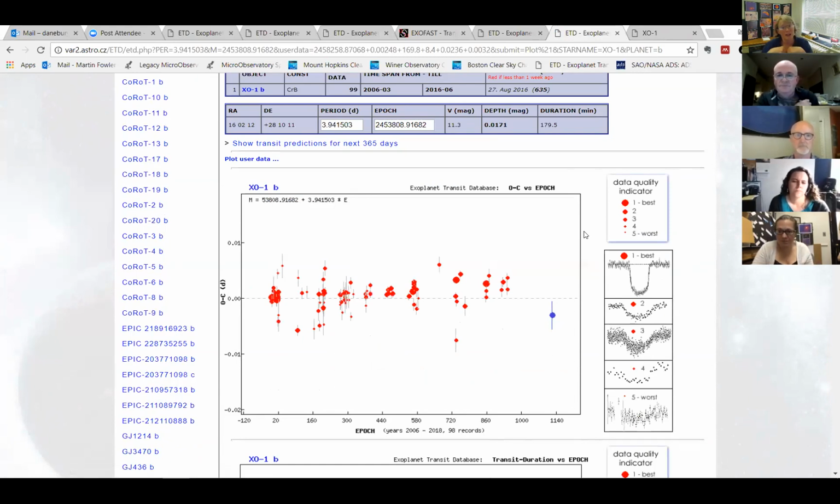That satellite is going to be making lots of discoveries where it predicts the next thing should happen on this date, the next thing should happen on this date, and there aren't enough people observing for all those candidates to check to see if the next transit really does happen when the satellite predicts. And so we hope to be one of the places that will be checking on some of those candidates.